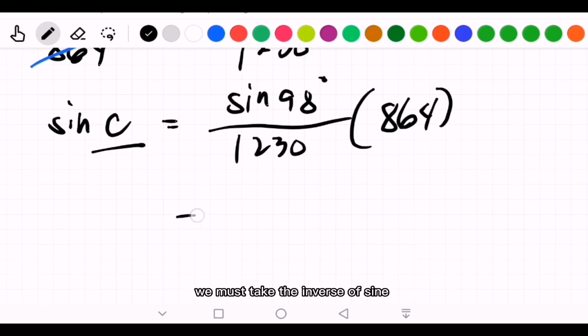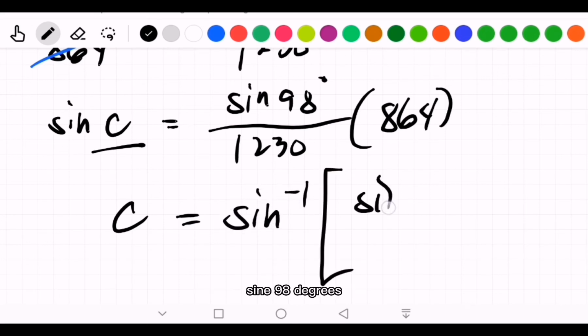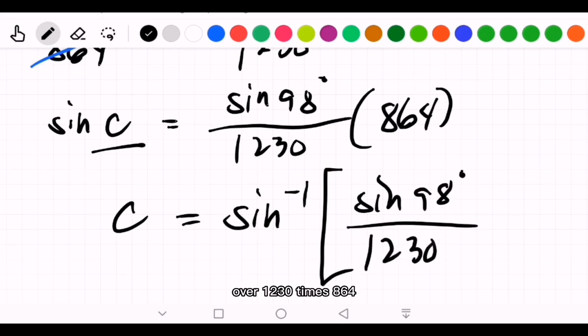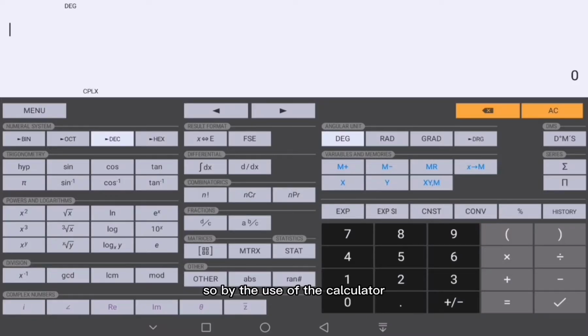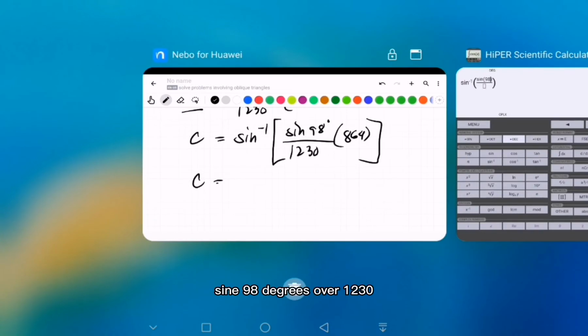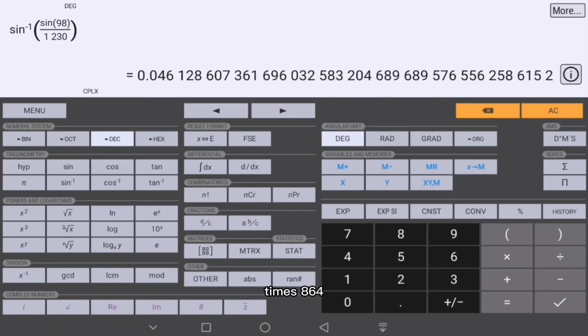But as you can see, our goal is to solve for angle C. Therefore, we must take the inverse of sine, so that will be sine inverse of 98 degrees over 1230 times 864. So by the use of a calculator solving for angle C, we have sine inverse of the fraction sine 98 degrees over 1230 times 864.